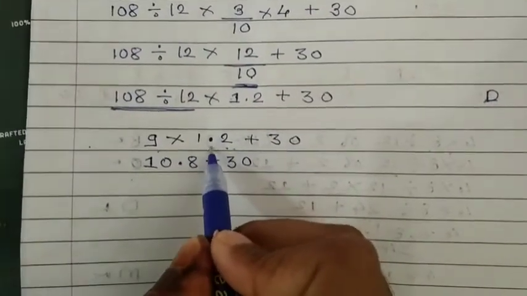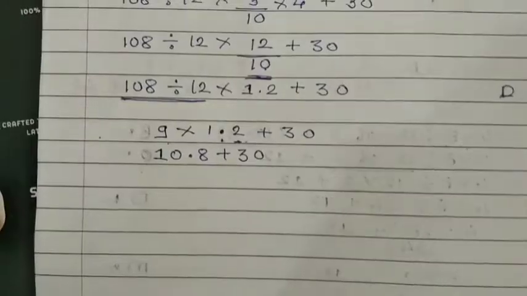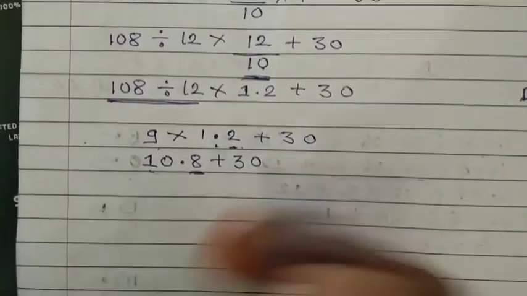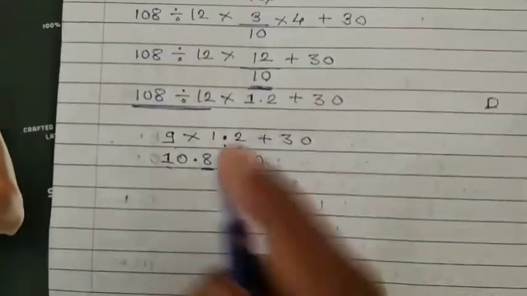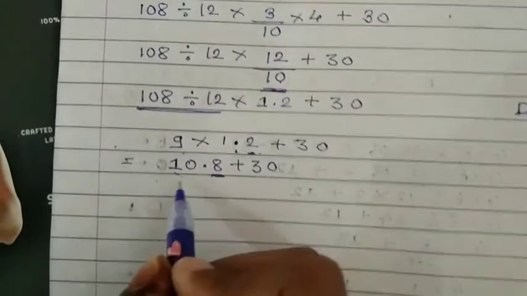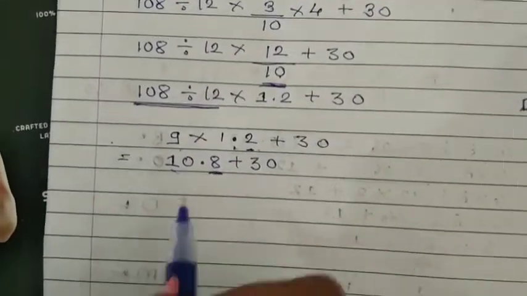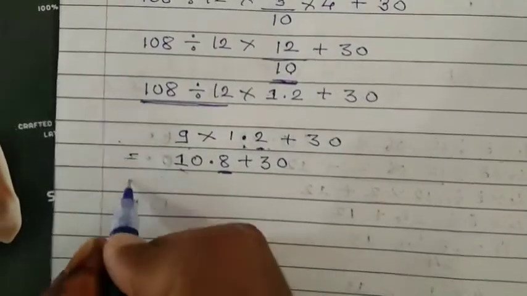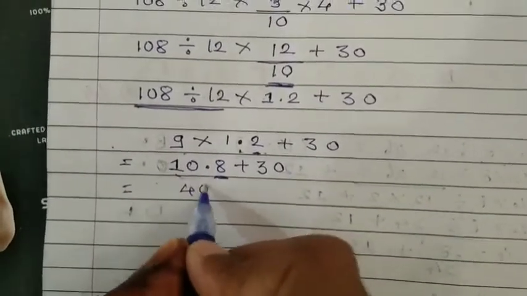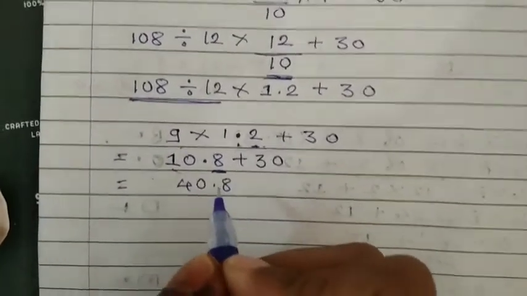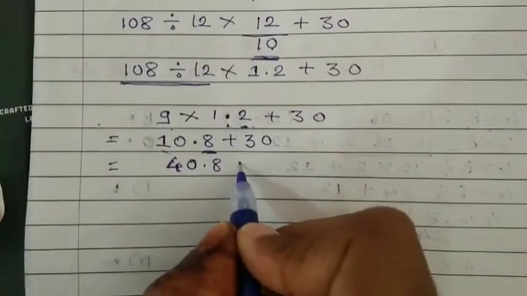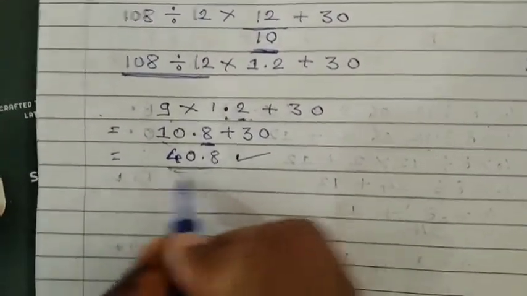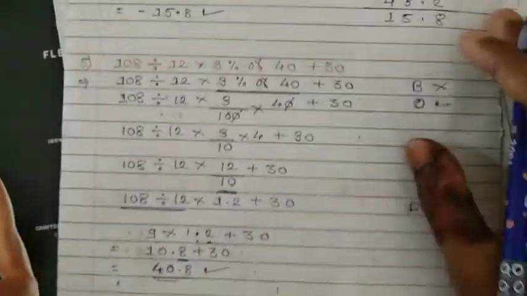We put a point before a single digit, that means 10.8, plus 30. How much? 40.8. This is our answer. Do you understand, student?